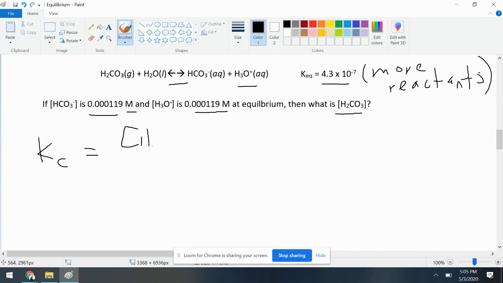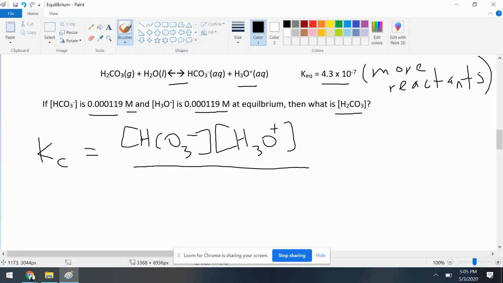So you have the concentration. We use brackets to represent the concentration. HCO3 minus. Make sure you check the balanced equation. Since it's 1 molar, you just take it to the power of 1, or just leave it as it is. Times the concentration of your other product, H3O positive, over your reactant, H2CO3.